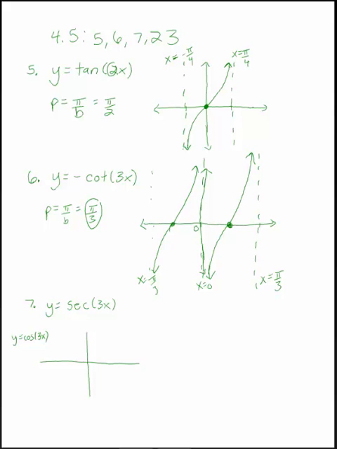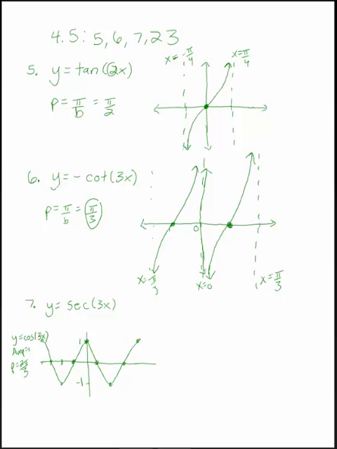So I'm going to sketch that graph. So that graph has an amplitude of 1 and a period of 2 pi over b, which is 2 pi over 3. Okay, so there's one cycle. I'm going to do one cycle on both sides. There's two cycles of the cosine graph.